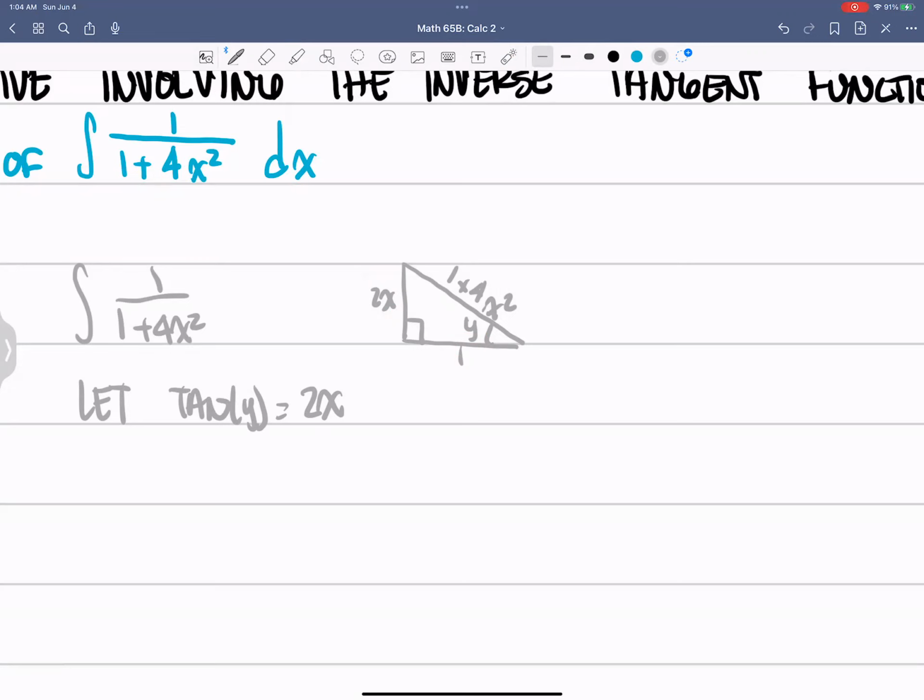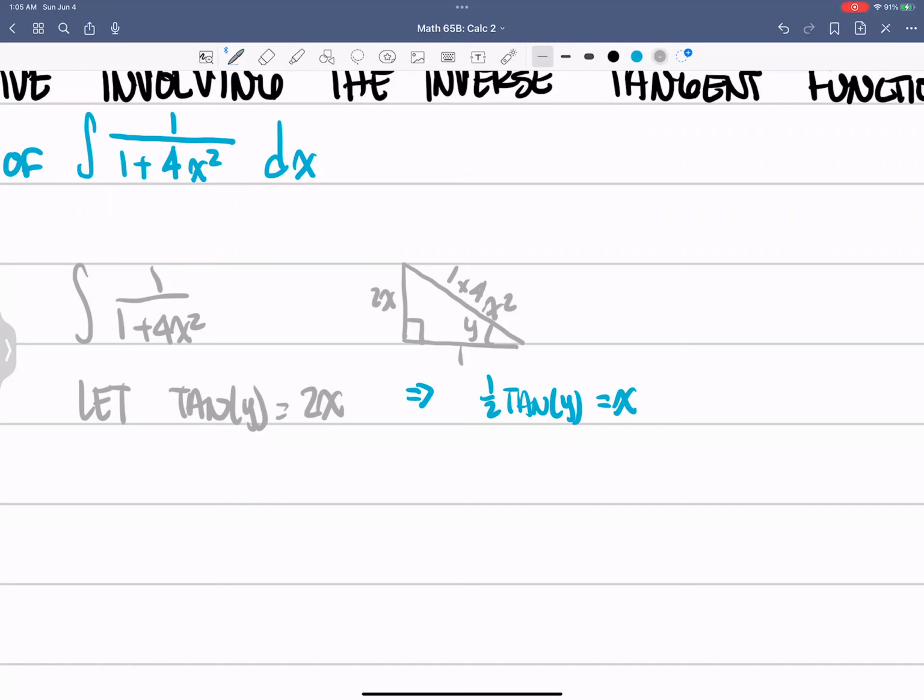All right. So that means that we have 1/2 tangent y equal to x. All right, I'm liking it so far.